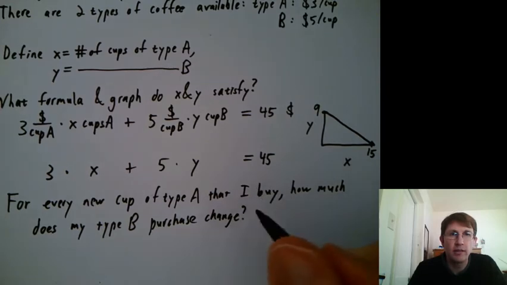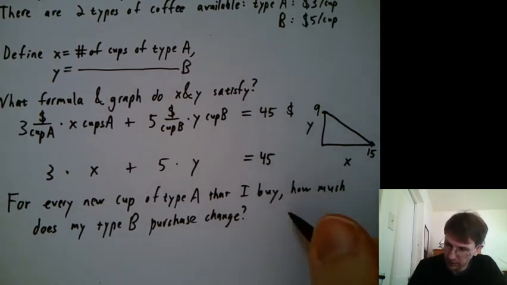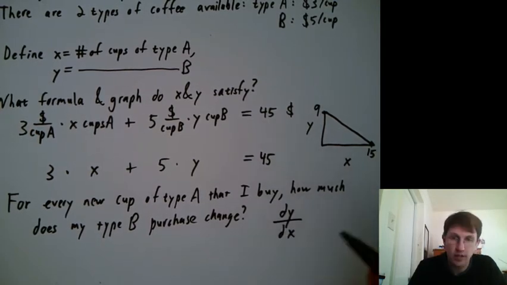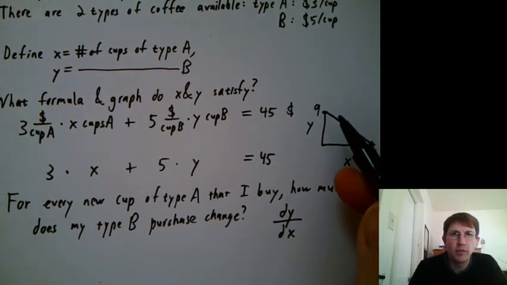Can you write the answer to this question in math notation? It would be, how much does Y change per unit change in X, or just dy dx, or just the derivative. Now you can probably compute the derivative of that line without too much trouble.